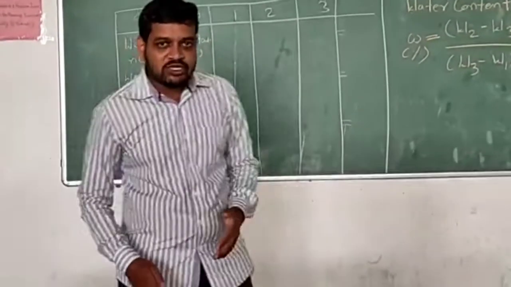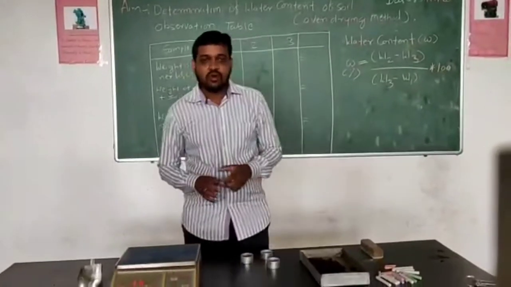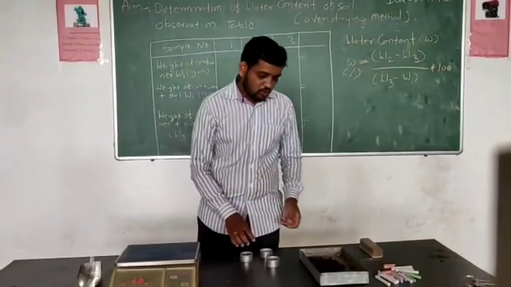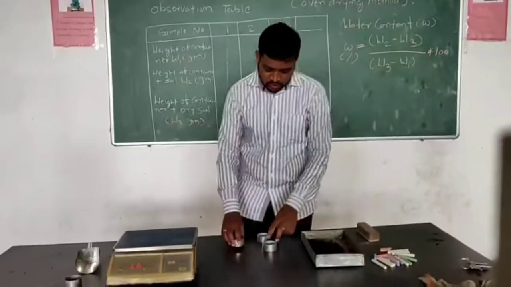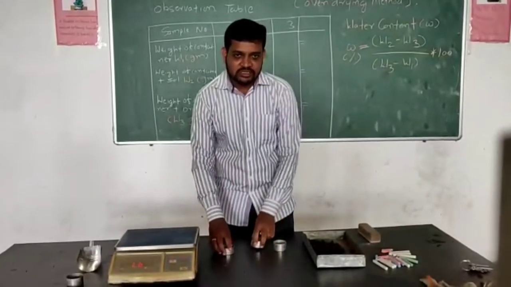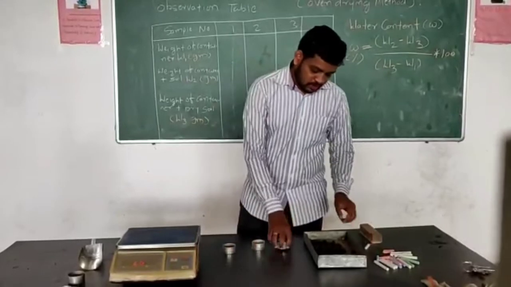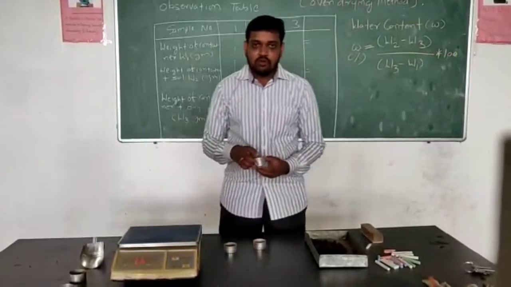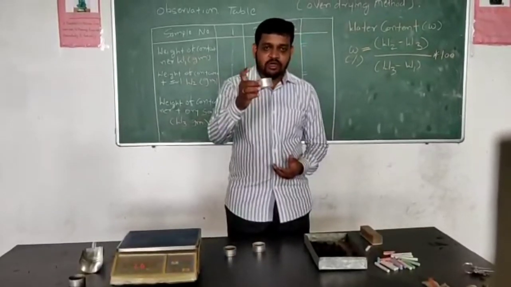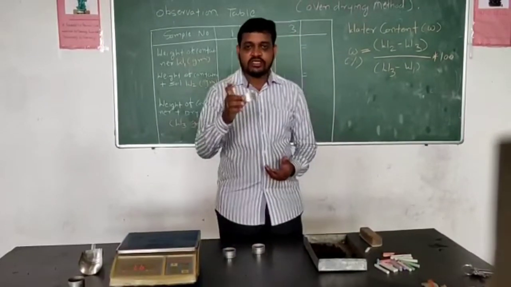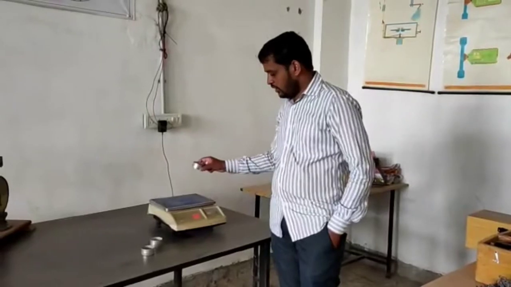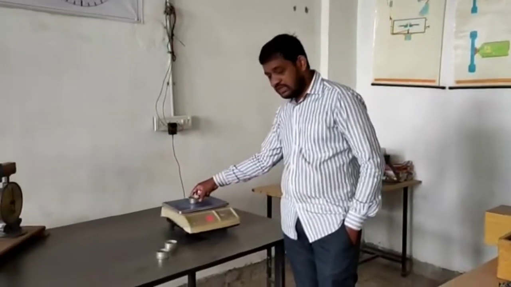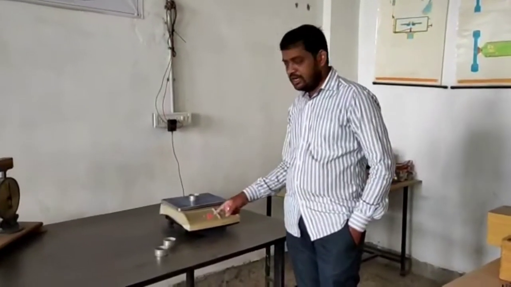Now start the procedure. What is the procedure of determination of the water content of the soil sample? For that purpose we have to take soil samples. We are going to take 3 samples in these 3 containers. Now what is W1? W1 is the empty weight of the container with lid. Now take the weight of this container with lid, that is 11.5.